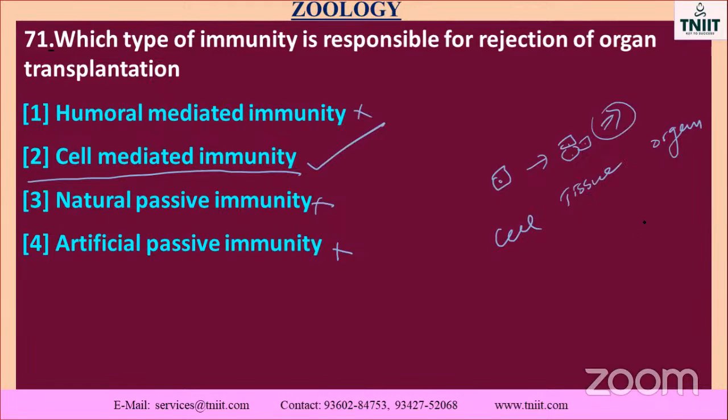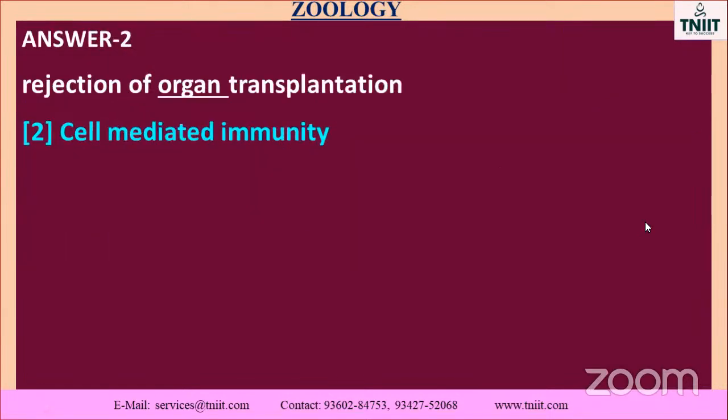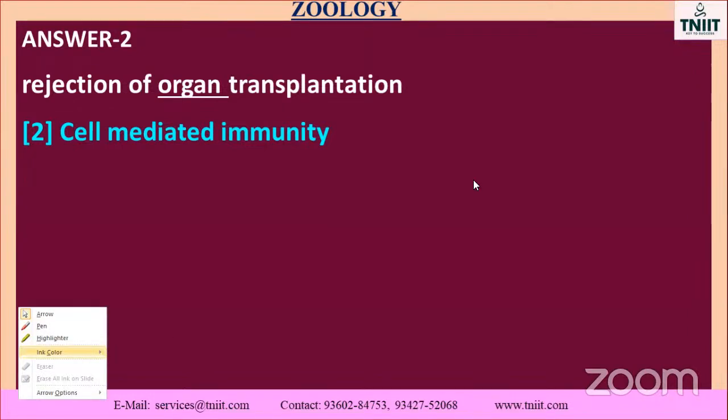Okay, this one. Go to the next one. Cell mediated rejection of organ transplantation. During the time, what happened? No. Organ transplantation. What happened? The transplanted organ is also rejected by cell mediated immunity. Suppose some person is suffering from a kidney disorder.